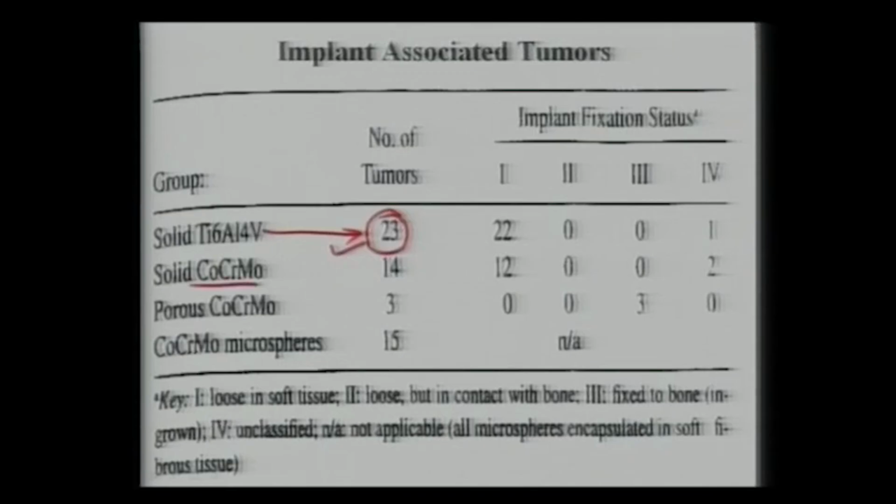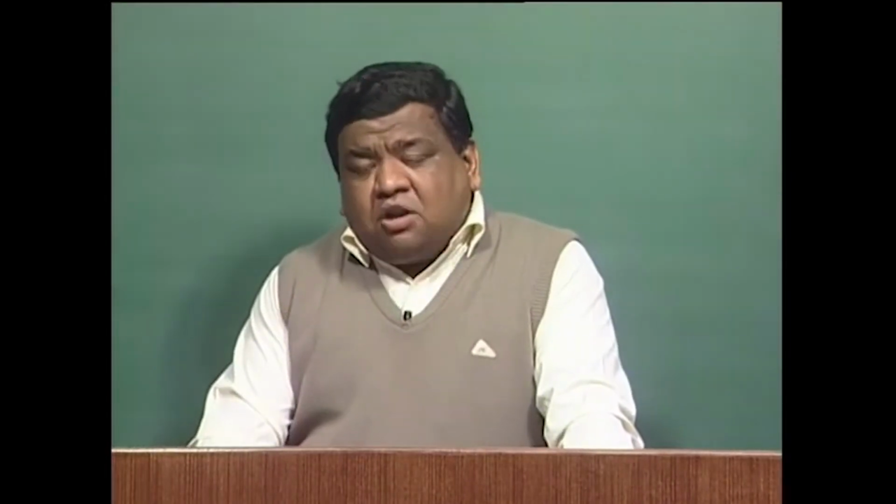Solid cobalt chromoly also has caused a large number of tumors, 14 tumors, and cobalt chrome moly microspheres also 15 tumors. Now, if these tumors are genotoxic, meaning they cause DNA damage, then the material cannot be used in a particular implant application.